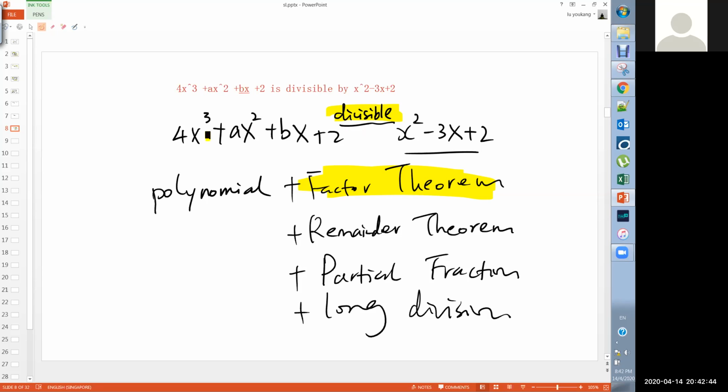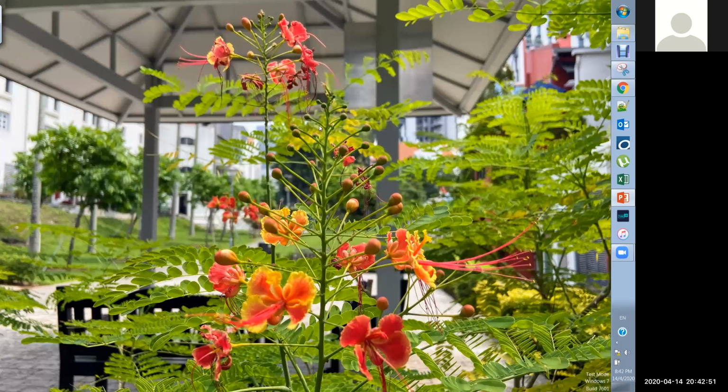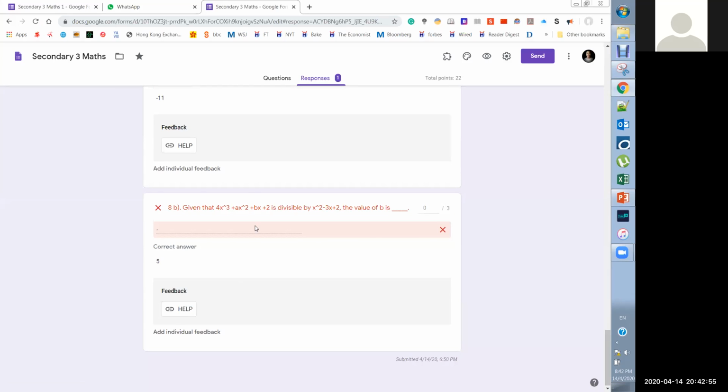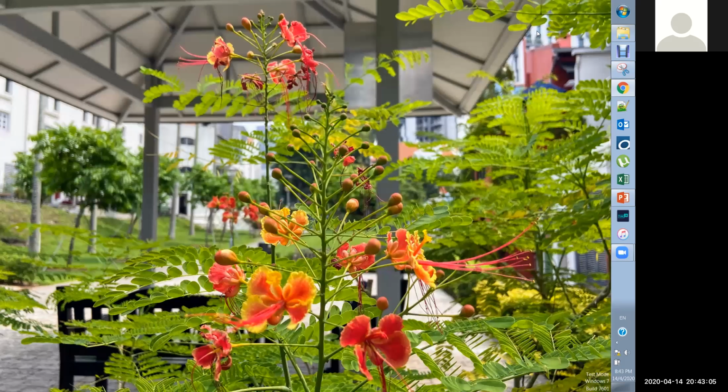When you click on the link, the help for this question is showing the question using remainder theorem. But over here you should use factor theorem, but they are similar.